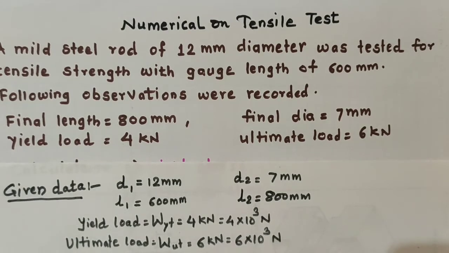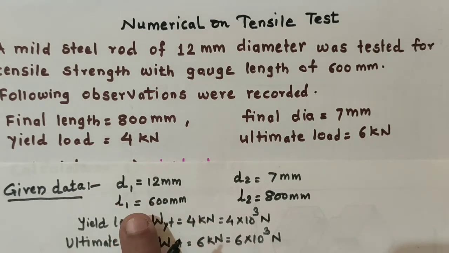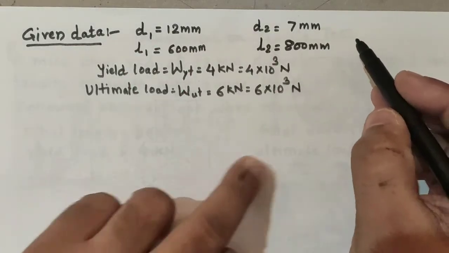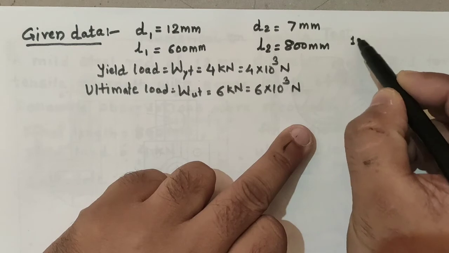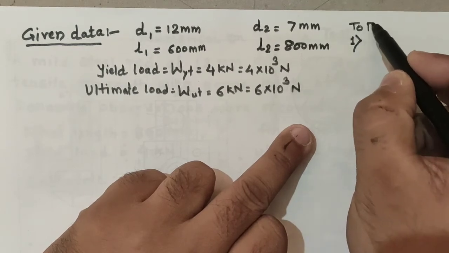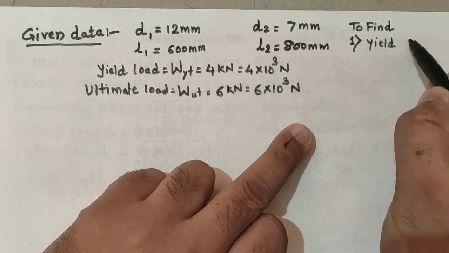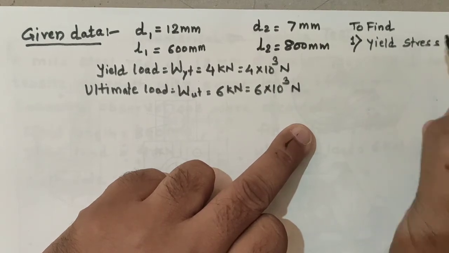Now we require the cross section area for calculating the stress. So first of all we will calculate the area for both initial and final, and we have to find the yield stress.